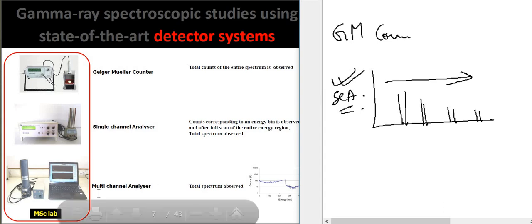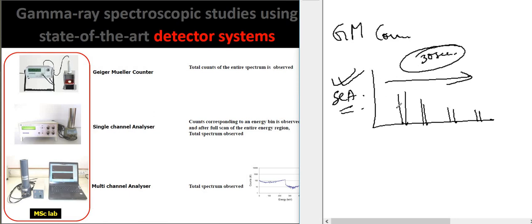And finally is the multi-channel analyzer, and the difference from the single channel is that here we observe the entire spectrum all at a time together. In the case of single channel, you have to say the preset time is 30 seconds, then take the reading for 30 seconds, next 30 seconds, next 30 seconds, and this way you sweep the spectrum.